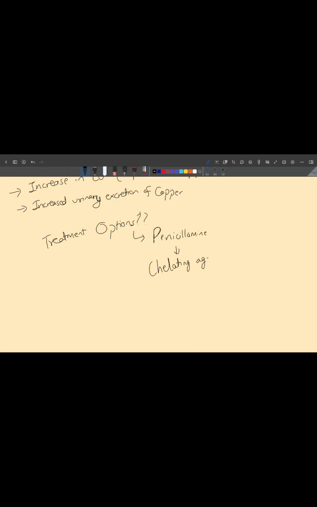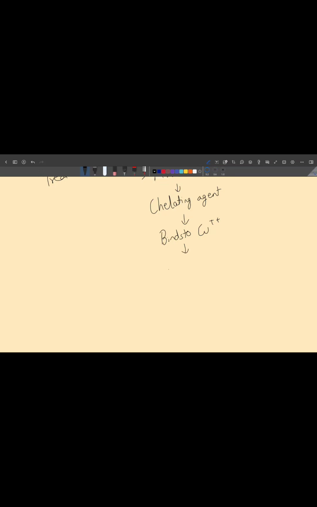What this drug does is bind to copper, promote its excretion, and in this way reduce free copper levels in our body.